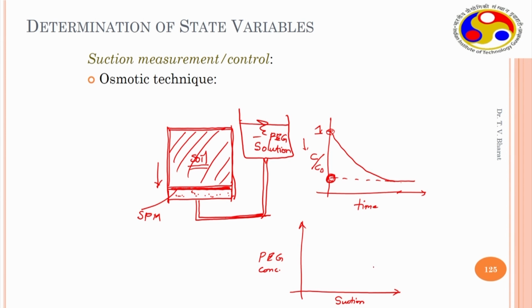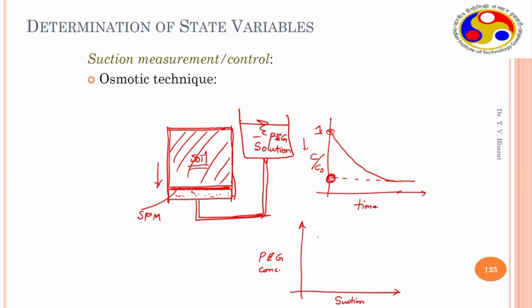So, based on this you have one particular PEG concentration, the corresponding suction value can be read, and that could be used. And this particular soil could be weighed to measure its water content. So, one can establish water content versus suction. So, at equilibrium the suction in the PEG solution will be same as the suction in the soil pore water.